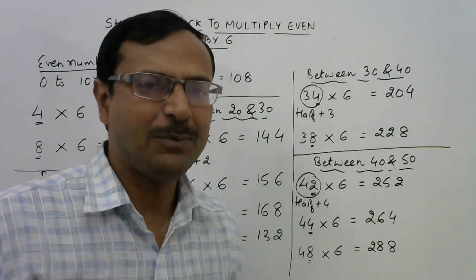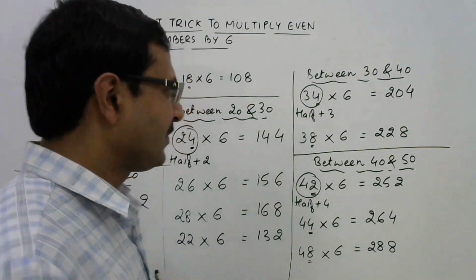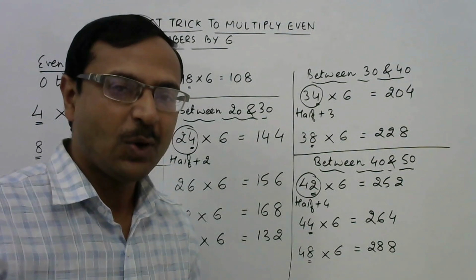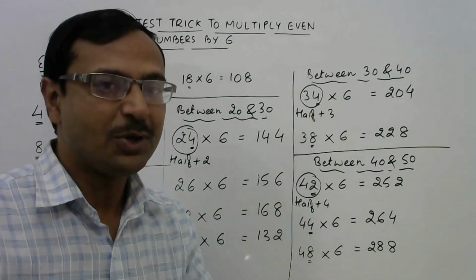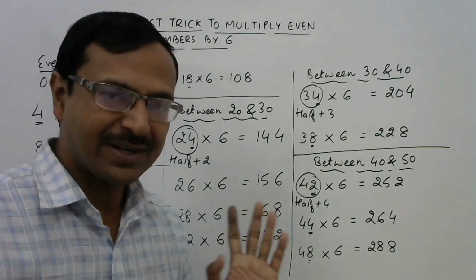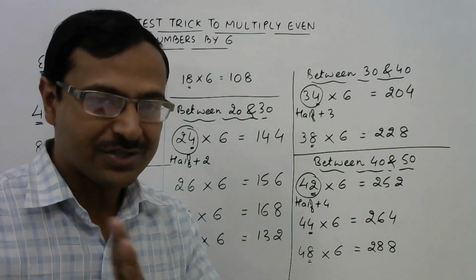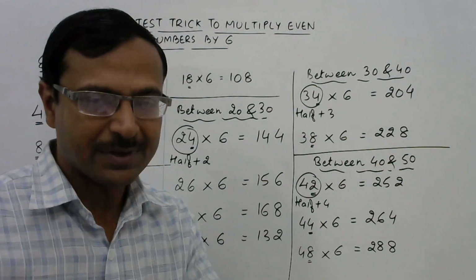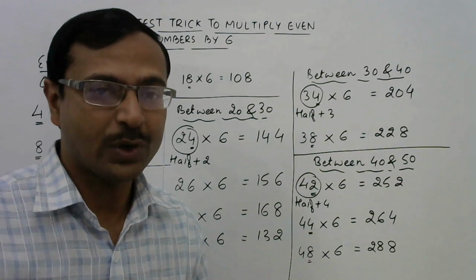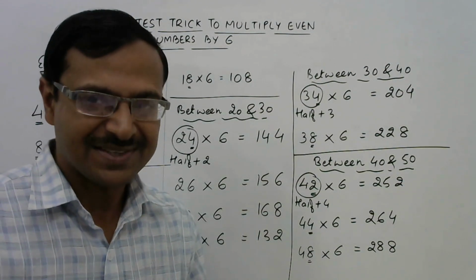So friends, how much time are you going to take to solve this? But remember, the trick is applicable only for even numbers to be multiplied with 6. Mathematics tricks are particular. You cannot generalize a trick to other numbers. So for everything you have a different trick, and that's what makes maths interesting.